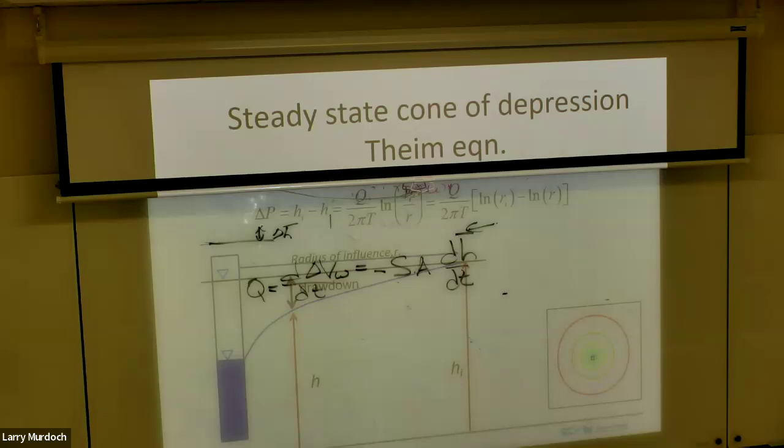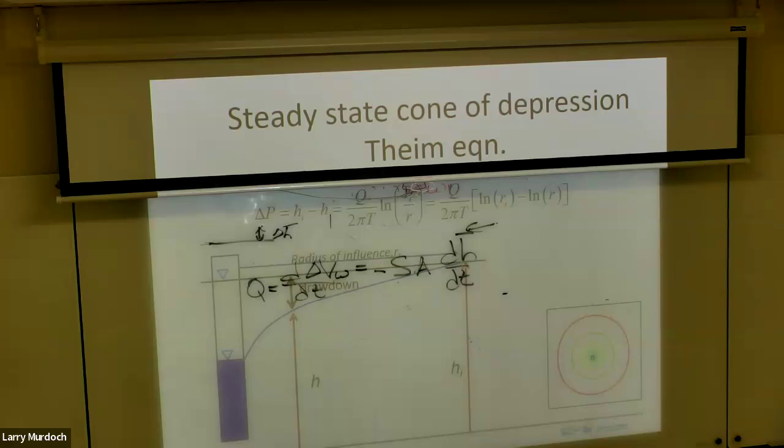so here's some labels with H, the initial head, the drawdown, and a useful relation here is what's called the Thiem equation, and this describes the hydraulic head or the drawdown in the vicinity of a well at steady state, and sometimes it's written like this as this ratio of logs, but that Ri is the radius of influence here.